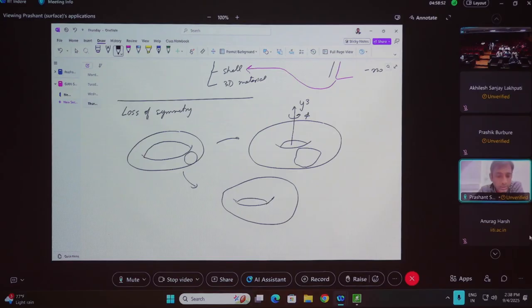So your torus may actually deform like that, where one cross section is really thin, another cross section is really thick. So there is dependence on phi. That's another type of instability that can happen, that suddenly it switches from a symmetric torus to an asymmetric torus.